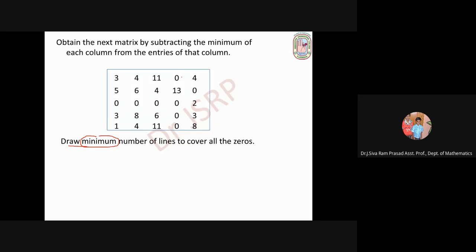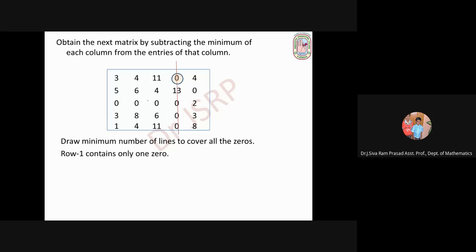Row 1 contains only 1 0. So circle that 0 and cross off column 4. So that means A is fixed to fourth person. That is, fourth person is fixed to job A.